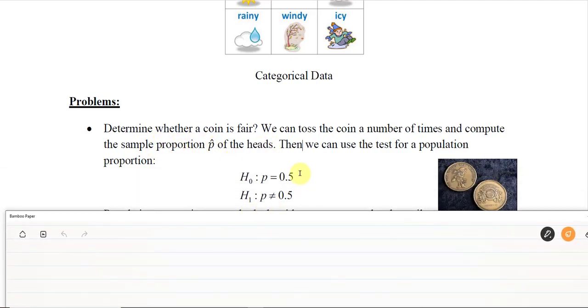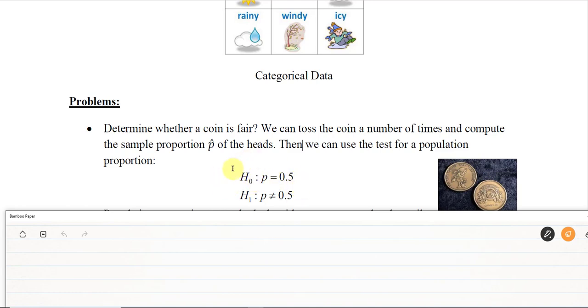And you can form the null hypothesis and the alternative hypothesis by letting the proportion equal 0.5. This is the original assumption. So we assume that the proportion is equal to 50%. That means you can get the head or the tail when tossing a coin, and the chance of getting one of them is 50%.